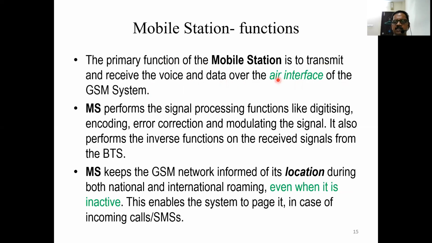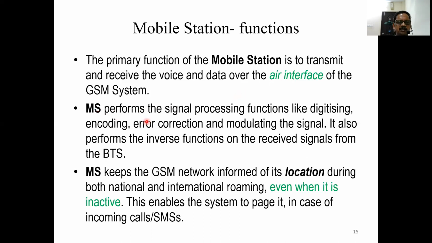We all know by this time the air interface is between the base station and the mobile station. So its business is to transmit the radio signal from the mobile station to the base station and receive the radio signal from the base station.